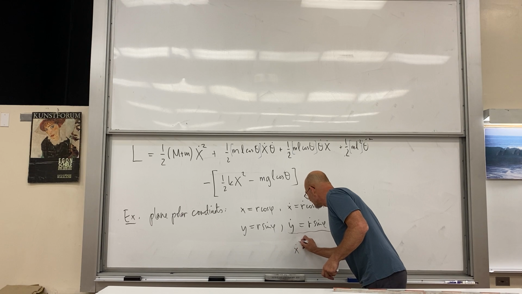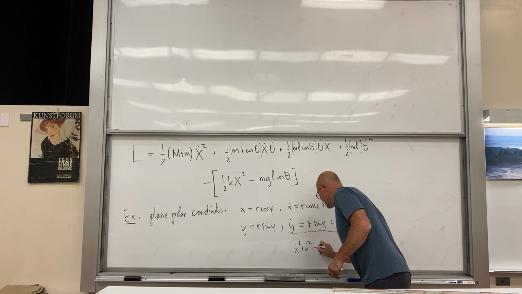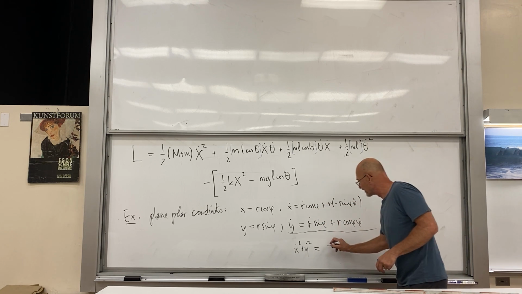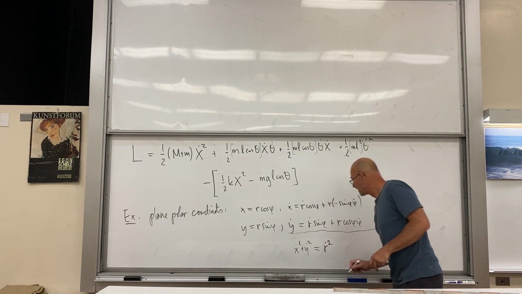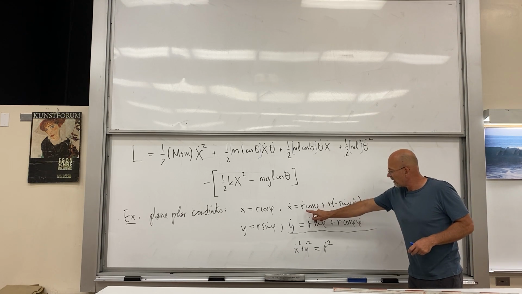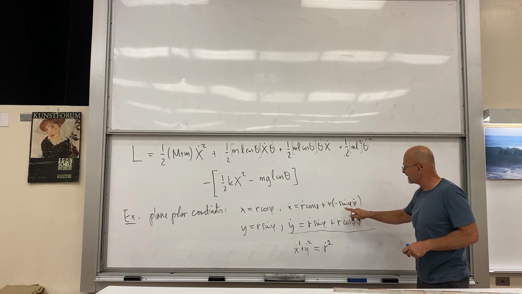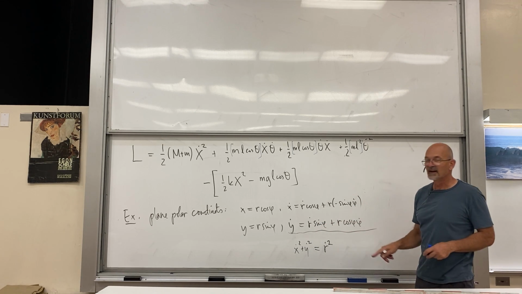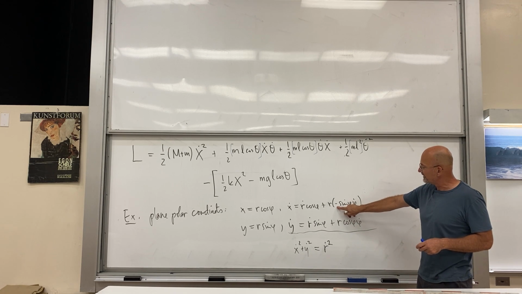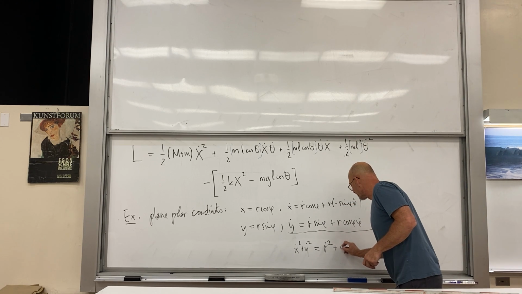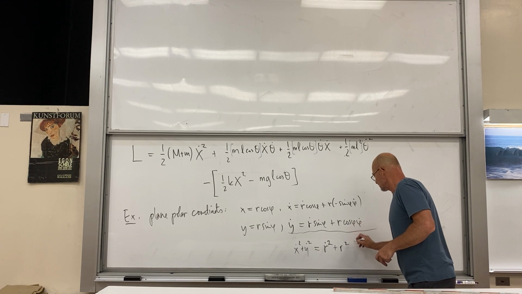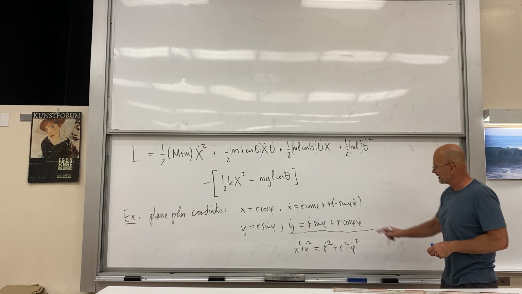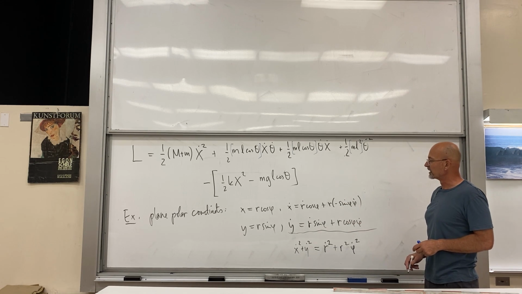So when you sum and square these, x dot squared plus y dot squared equals, you get the r dot squared, cosine squared plus sine squared, so it's going to be r dot squared. Then your cross terms here, r dot r cos sine phi dot, and r dot r sine cos phi dot. The cross terms go away because this one has a minus sign, so you're left with plus r squared phi dot squared. Sine squared plus cosine squared, phi dot squared.